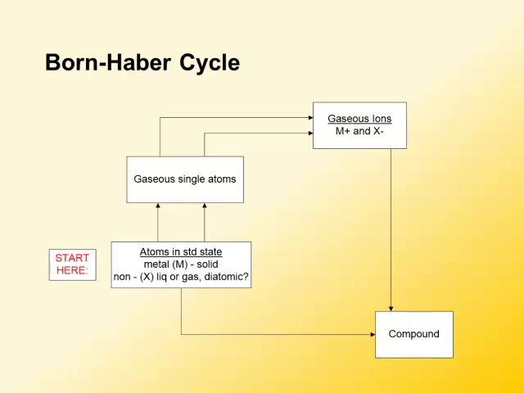For the metal, we need to change it from a solid to a gas. What's that change called? That's sublimation. For the gas, we need to break apart the diatomic molecule. What's the name of the energy value associated with breaking a bond? That would be bond dissociation energy.